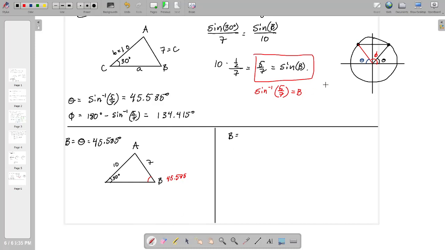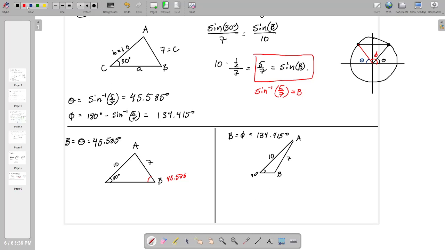Now let's draw our other triangle. Suppose our B angle instead was the phi angle, which was 134.415 degrees. And we would then have a triangle that looks like this, where this is still 30, this is still 10, and this is still 7.